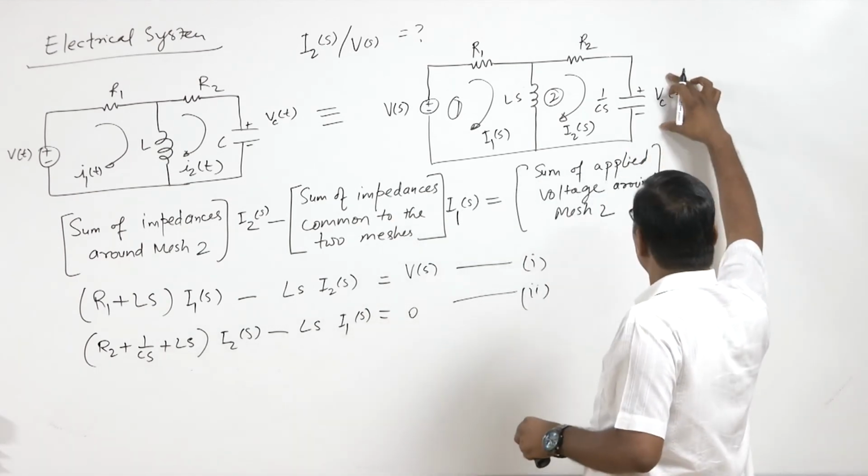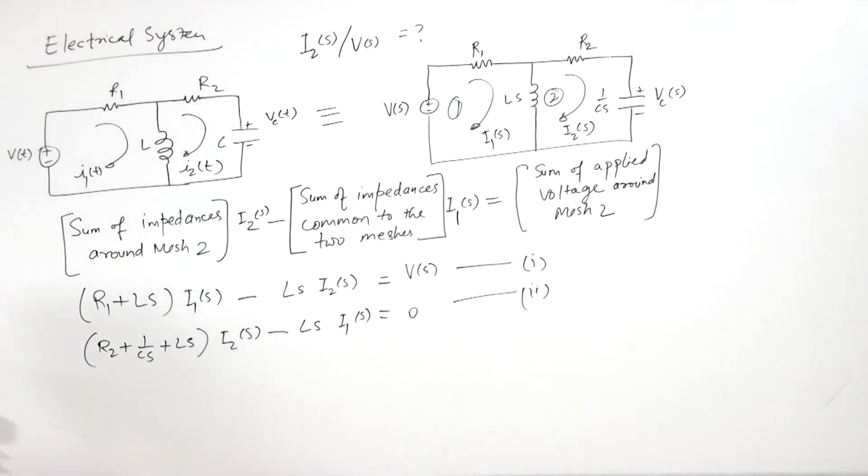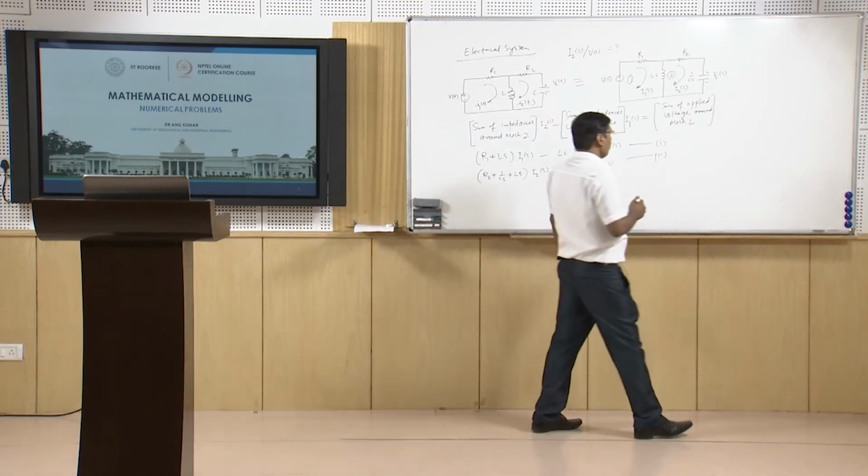This Vc(s) is the measured voltage, not an applied voltage. Now we can find I2(s).